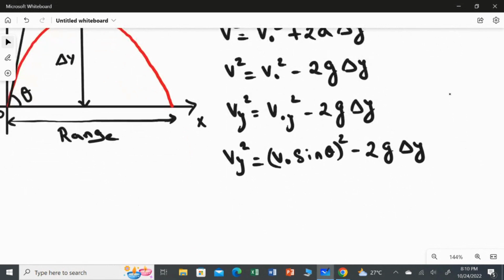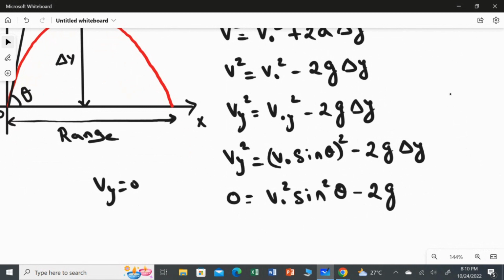Now I am going to substitute v of y equals 0. So this equation becomes 0 equals v naught squared sine squared theta minus 2 g delta y. Now I am going to move this minus 2g delta y to the left-hand side.